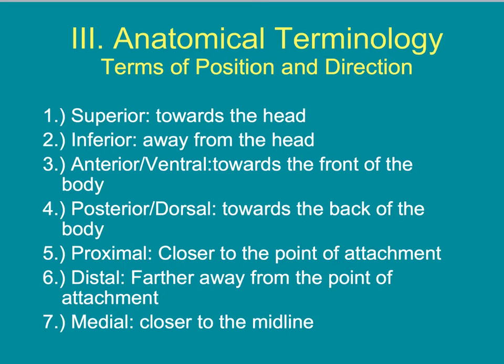Next we have proximal and distal. Proximal means closer to the point of attachment, while distal means farther away from the point of attachment. If we're talking about the shoulder, we could say that the head of the humerus is proximal to the elbow, meaning that it's closer to the point of attachment.